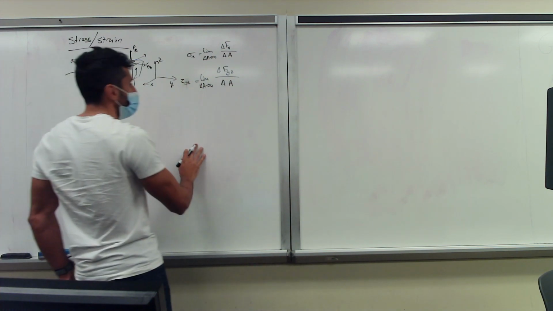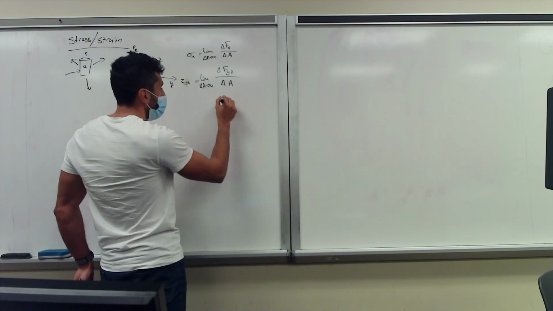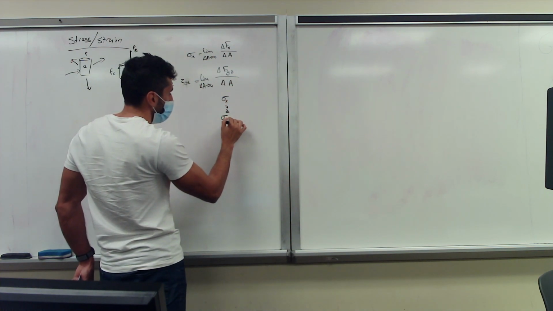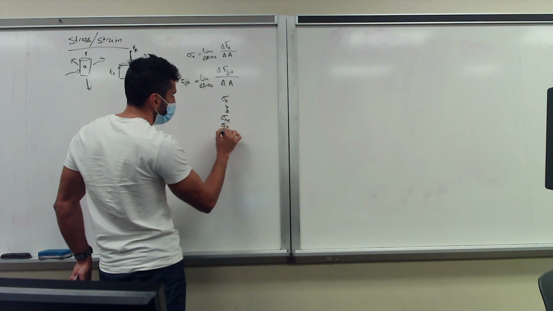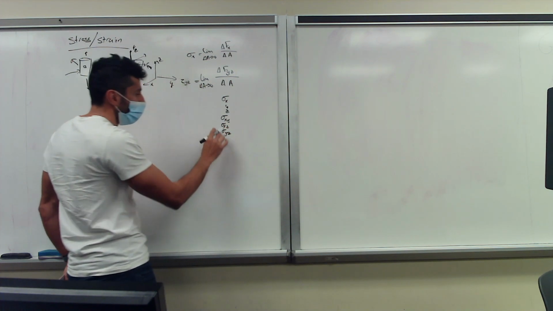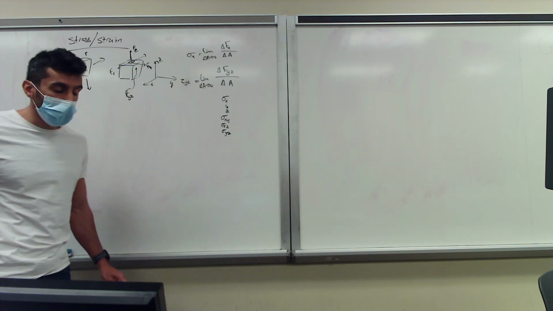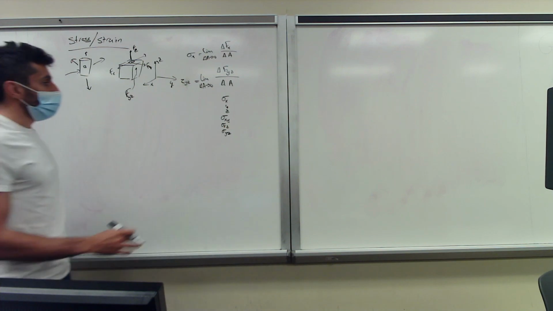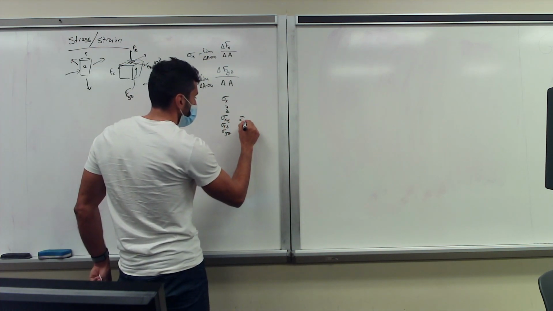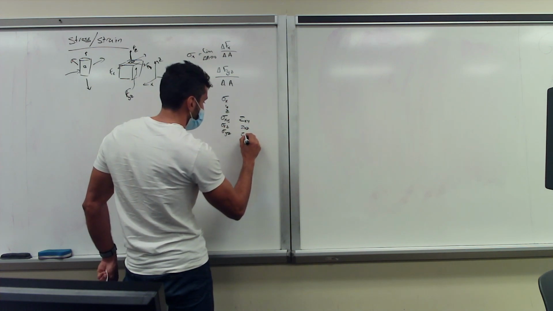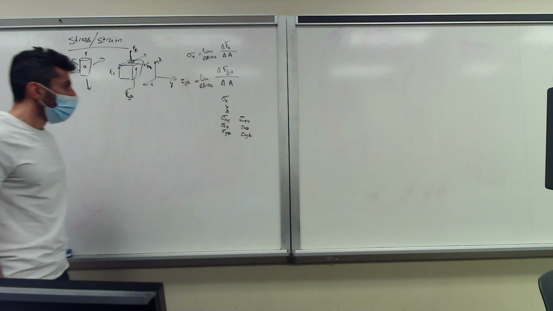In literature, you will see in many cases that you can just use XX, YY, and ZZ, and XY, XZ, and YZ. So just whatever sign convention people like to use, okay? But they're basically the same.